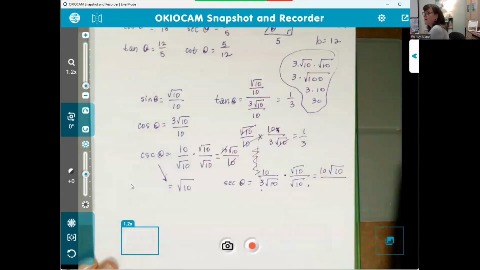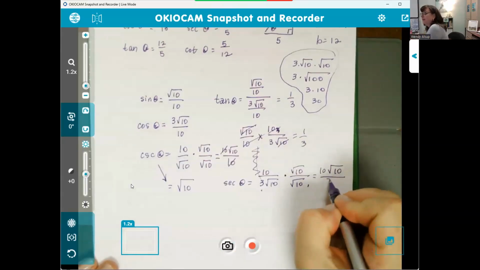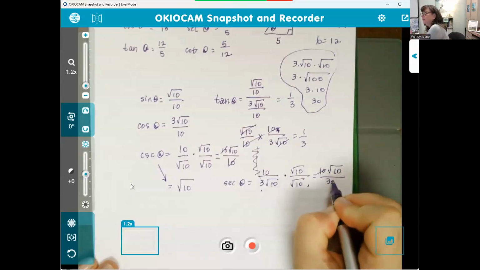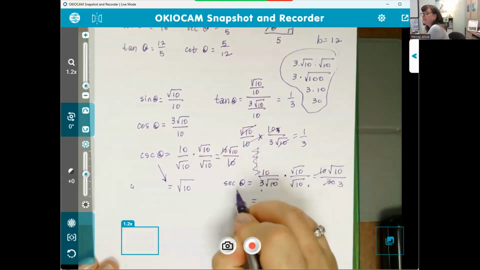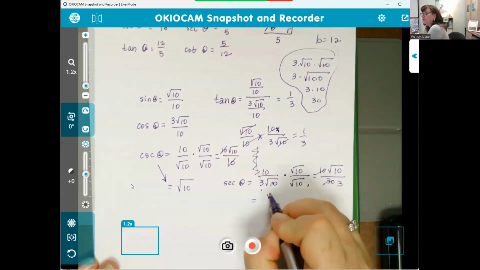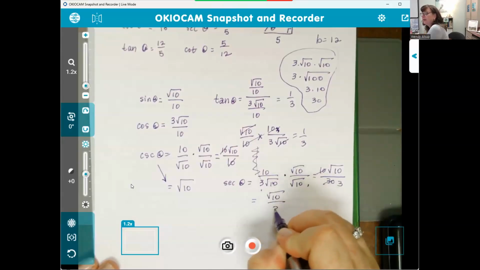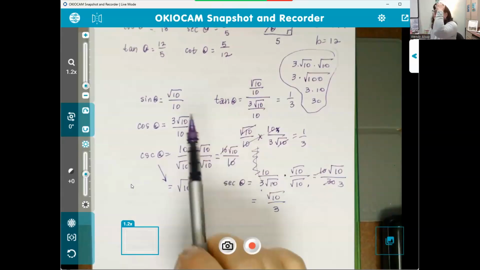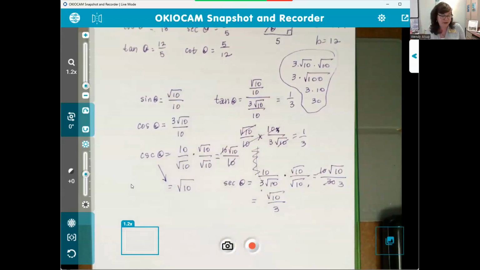So the bottom there equals 30. 10 goes into 30 three times, and I end up with the secant of theta is root 10 over 3. If you are having problems rationalizing the denominator, please go to YouTube, look up a video on rationalizing the denominator of a fraction. Just freshen up on that. You're going to need that a little bit.